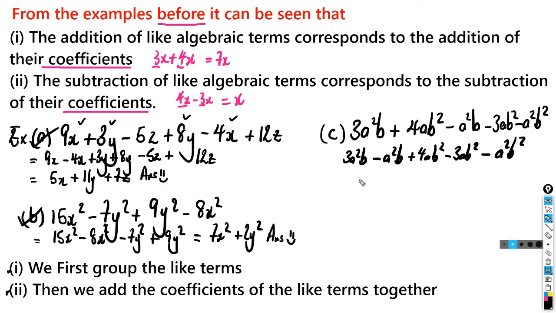So we're going to end up getting 2a squared b, and we'll get plus ab squared minus a squared b squared. And this is the answer, guys. All right. And yeah, pretty simple. All we have to do is group the like terms first, then add the coefficients of the like terms together. Pretty awesome.